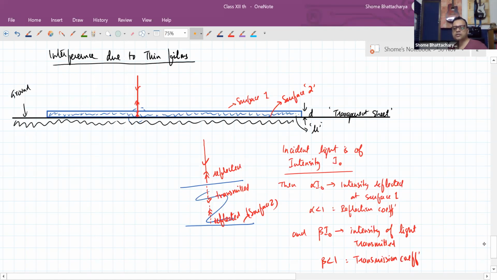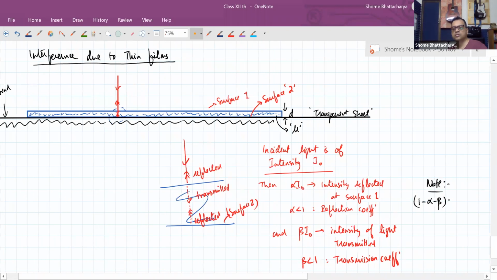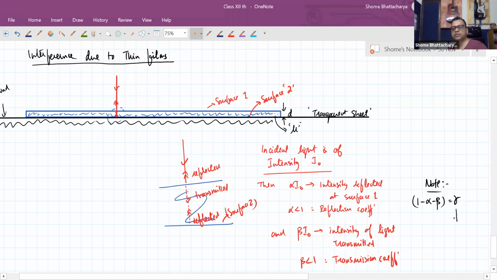Okay. And in general, what we say here is that 1 minus alpha minus beta, let's say, is gamma, which becomes the absorption coefficient. Okay.